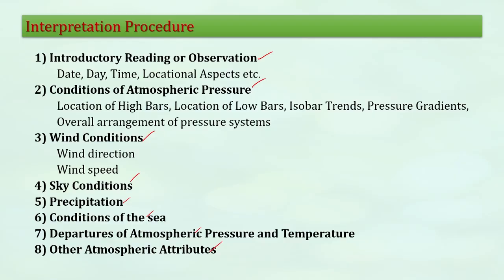Because weather keeps on changing every hour, even every minute, at what time, on which day, and of which place the weather is being interpreted, that information should be written first, in the first paragraph. Introductory reading or introductory observation. Here you should write the day, time, locational aspects, everything, right.